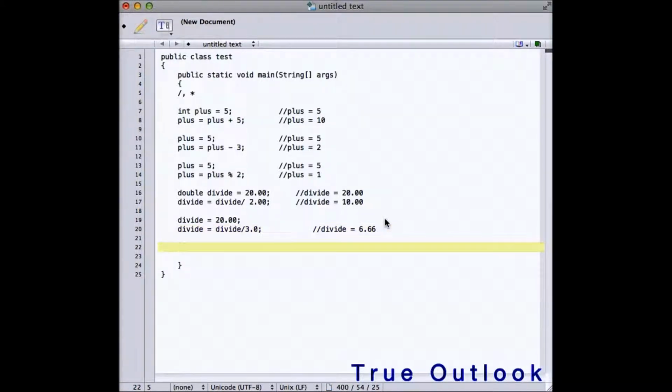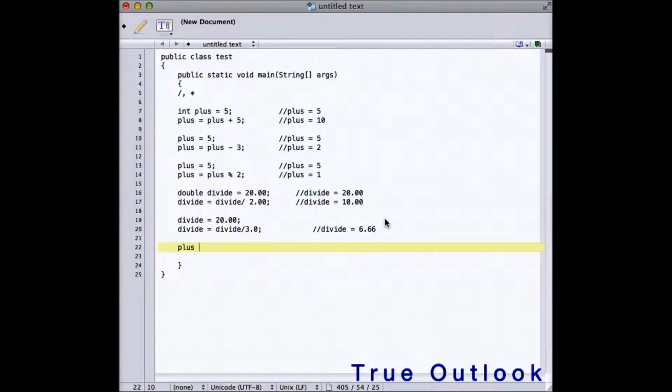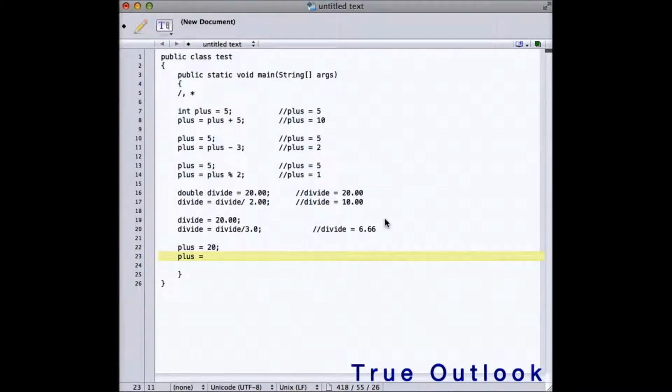Right, but if we tried to do the similar thing with plus, which is an integer, so plus is equal to 20, plus is equal to plus divided by 3. Originally plus was equal to 20, however, if we divide it by 3, instead of it being equal to 6.66, plus is equal to only 6, because integers have no decimal places after them, so it's just cut off at 6.